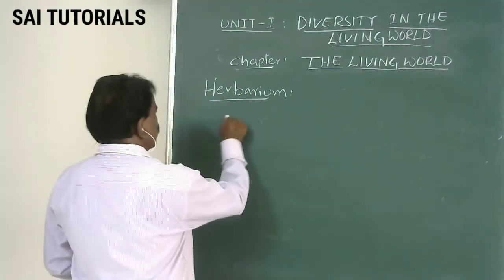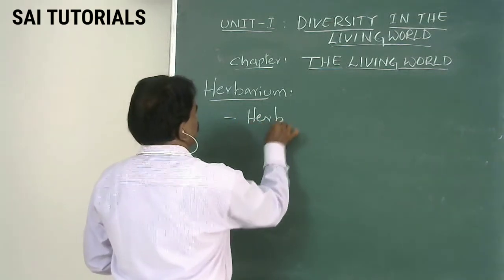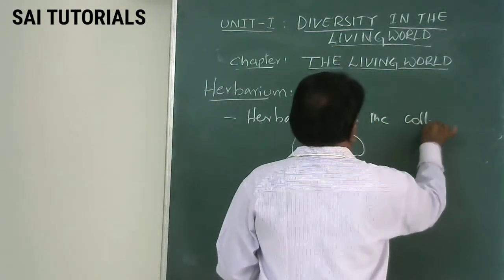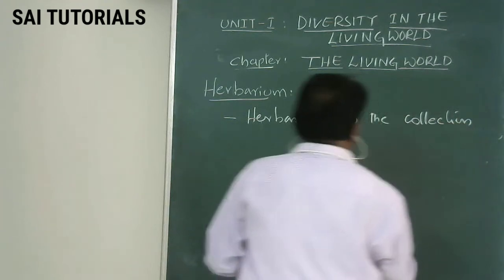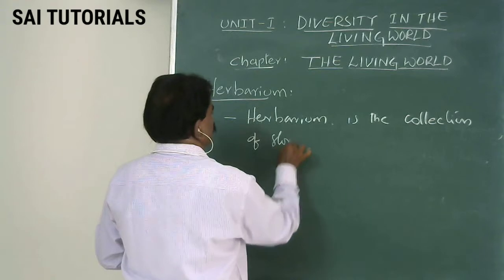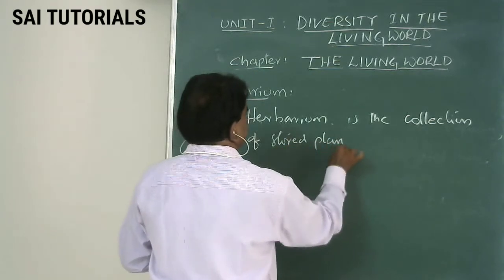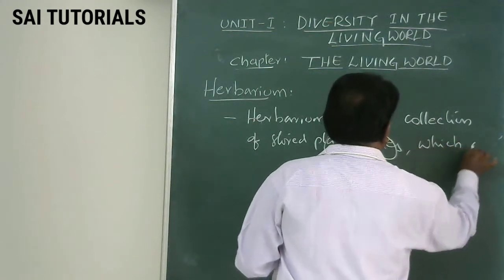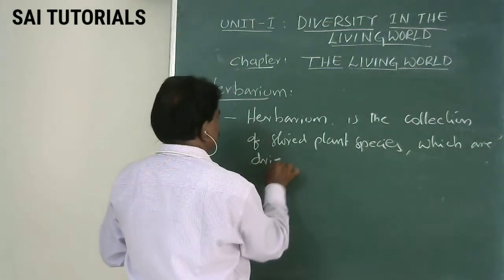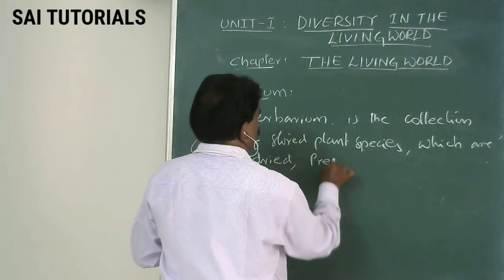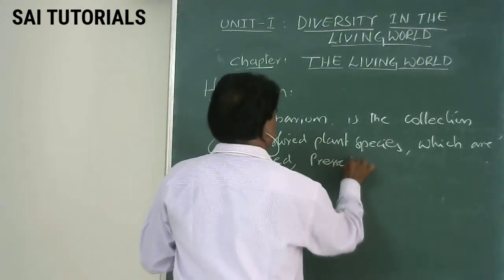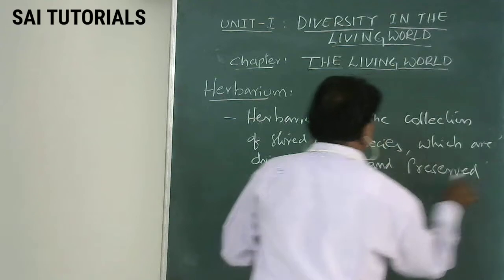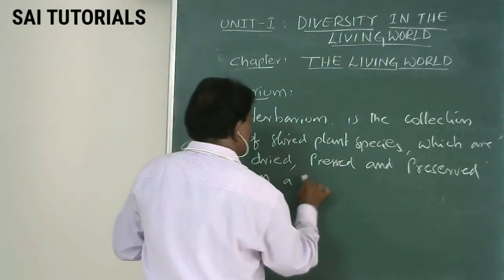What is a herbarium? Herbarium is a collection of stored plant species which are dried, pressed and preserved on a herbarium sheet.